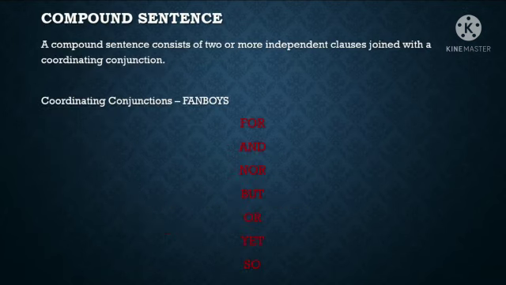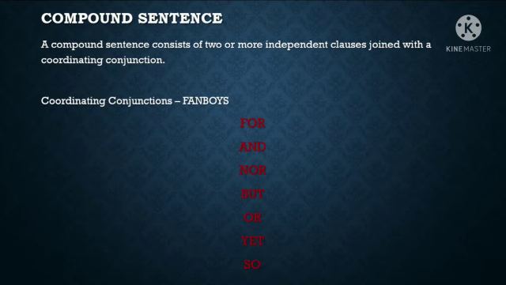Then the next one is compound sentence. A compound sentence consists of two or more independent clauses joined with a coordinating conjunction. For, and, nor, but, or, yet, so are the coordinating conjunctions.